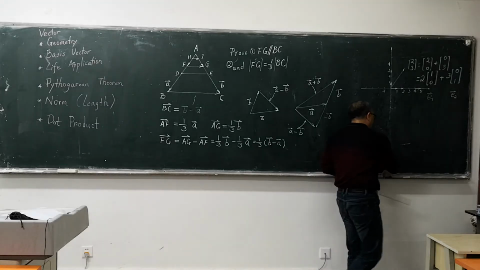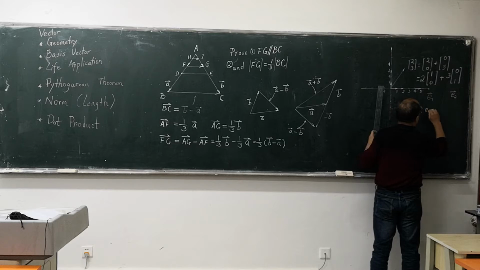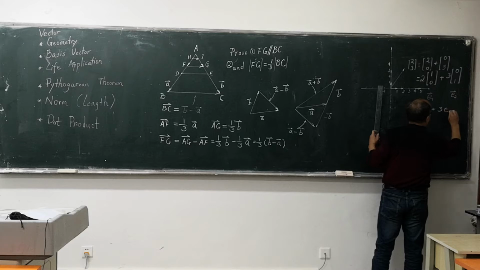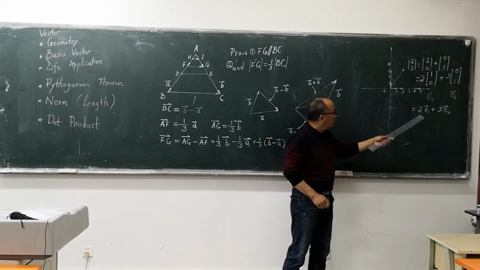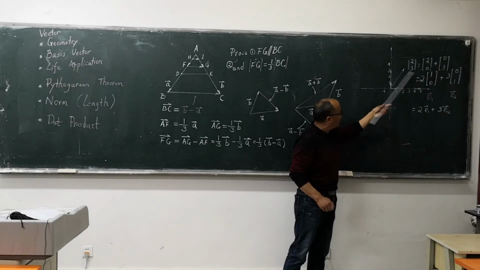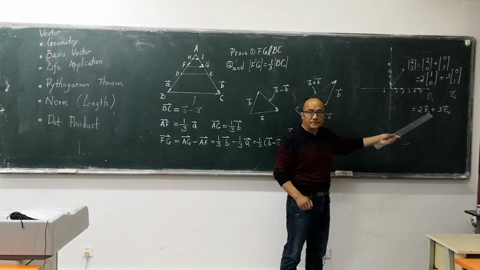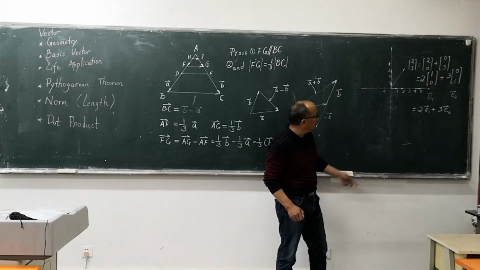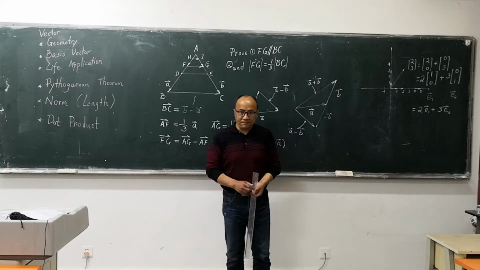And we can keep writing. So this is equal to 2E1 plus 3E2. So here (2, 3) is 2E1 plus 3E2. E means elementary.